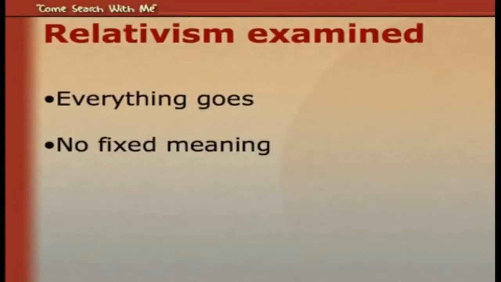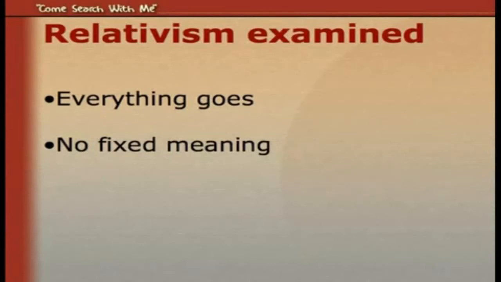No fixed meaning. Remember, right or left? I don't know. This side or that side? Who knows? That depends on something else. So there is no fixed meaning in any of the words. Up might be down, down might be up. Let's form a sentence with that.